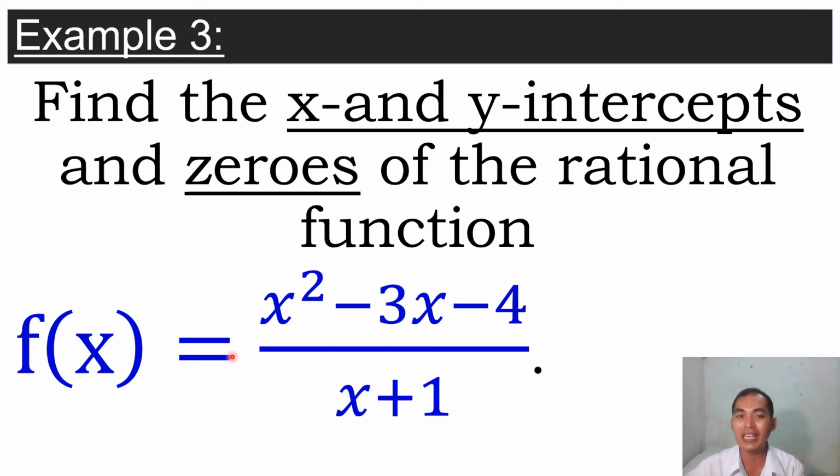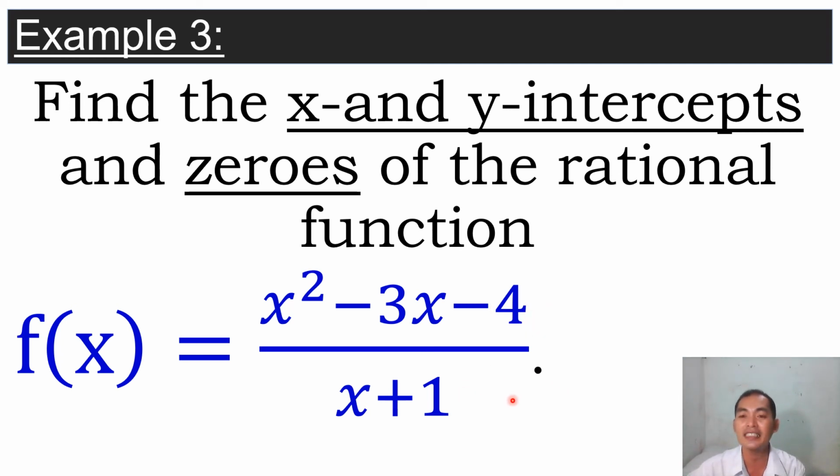That is the value of the x-intercepts and zeros. While for the y-intercept, I just divide the constant term of the numerator by the denominator. Then, put y equals. Y equals negative 4 over positive 1. That's the y-intercept. Therefore, y equals negative 4.